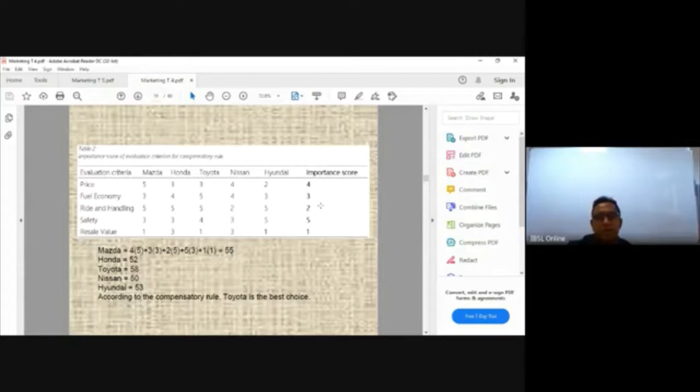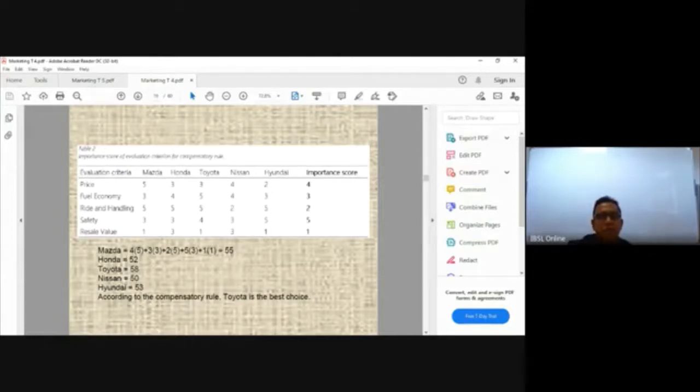But finally, what you do according to this table: there's weightage here, there are scores given, and then you multiply the weightage by the score. Then you arrive at the final score.